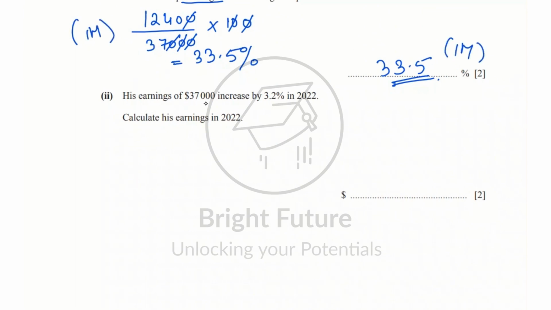His earnings of 37,000 increase by 3.2% in 2022. Calculate his earnings in 2022. So earlier he had 37,000. Now it has incremented by 3.2%.